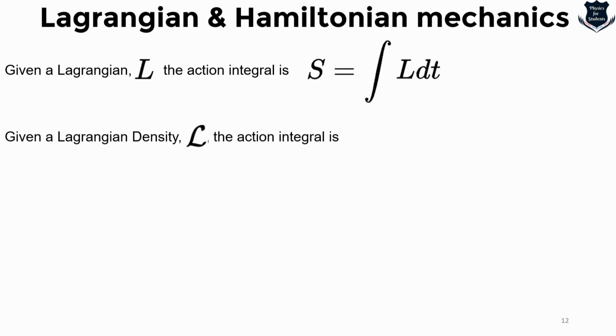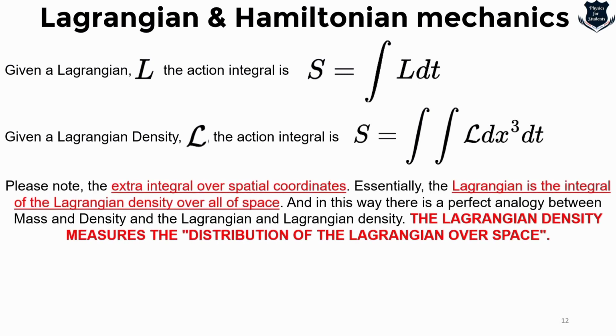When we take this curly L, which is the Lagrangian density, the action integral becomes this. So the action integral becomes this. What we see is that the extra integral is just over the spatial coordinates, that is d^3x. So from this equation we are making the point that the Lagrangian is the integral of the Lagrangian density.